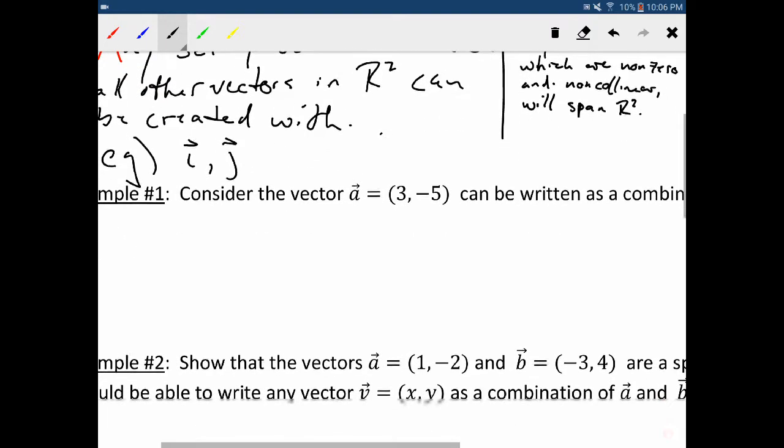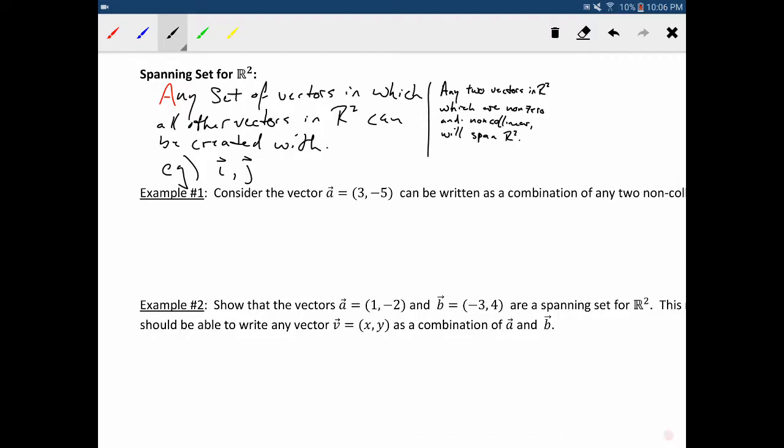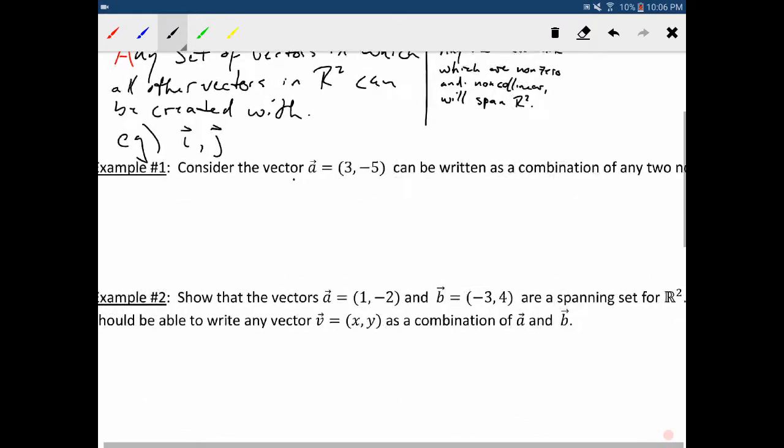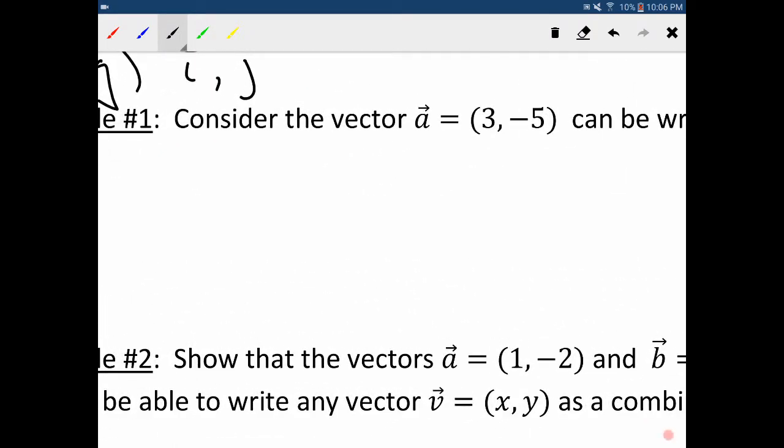Okay, so this isn't really an example, but for the vector A here, we can use any two non-collinear vectors.